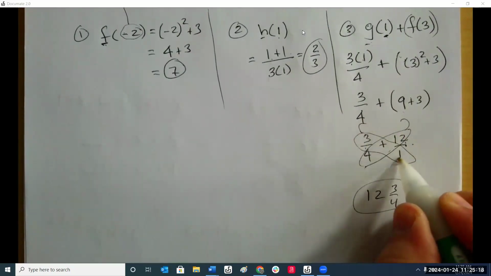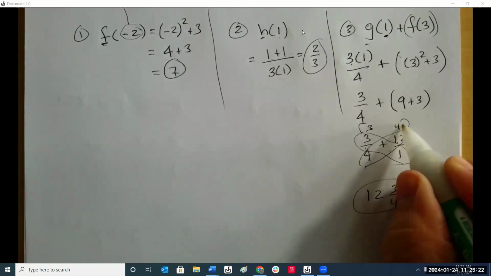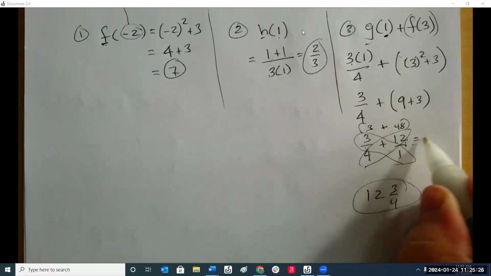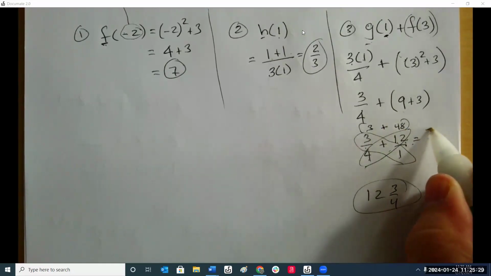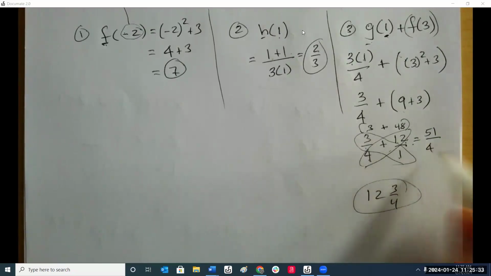So using the butterfly method, 3 times 1 is 3. 4 times 12 is 48. Plus sign between there. 48 plus 3 is 51. 4 times 1 is 4.